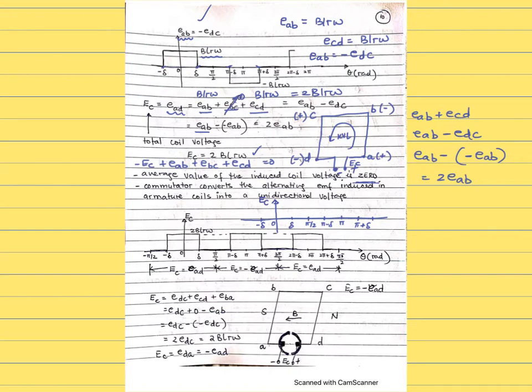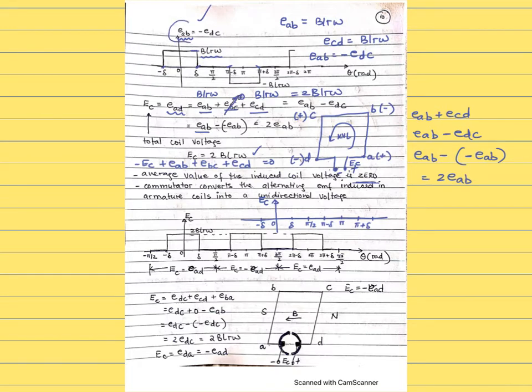Okay. So the coil voltage is what? When it goes from negative delta to delta, here what we have done is we said its value is 2BLR omega twice. So you can compare the amplitudes here as well. In this case, the amplitude is BLR omega because we are doing the graph for EAB.